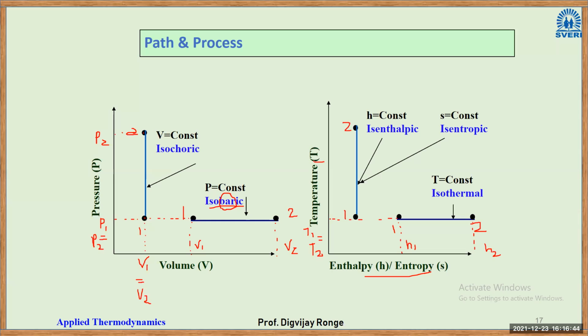Only temperature is changing, from T1 to T2. Other properties like enthalpy and entropy remain same. I hope you understood this point: isochoric, isobaric, isenthalpic, isentropic, and isothermal.